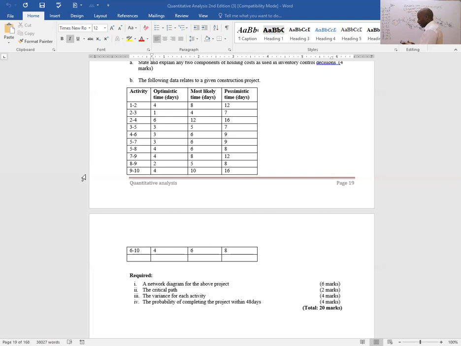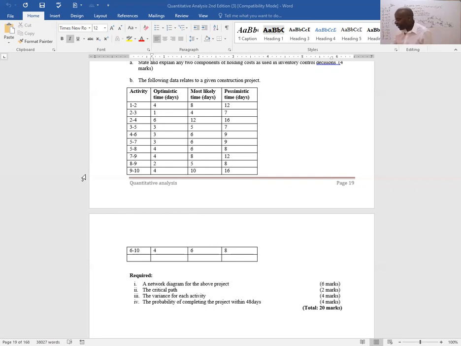Please go to E. For E, I can see it is 3 plus 4 times 6 plus 9. Whatever I get, I divide by 6, which gives me 6 exactly. So E equals 6.